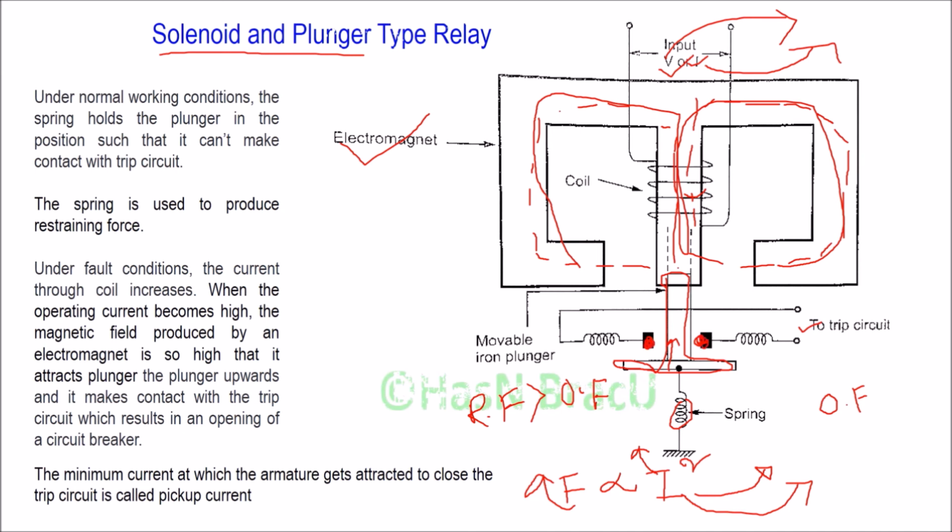By this way, the solenoid and the plunger type relay works for opening the moving contact of a circuit breaker under fault condition, and the minimum amount of current at which the plunger gets attracted to close the trip circuit is called the pickup current.